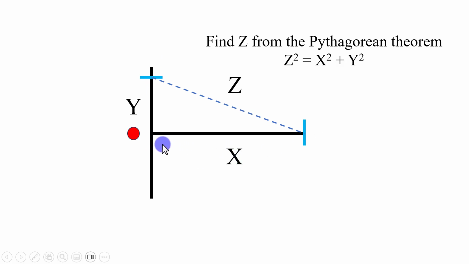Now, X is given to you as the length of the meter stick, which is 100 centimeters, and that won't change. The only thing that you're going to measure and figure out is the distance from the light to those lines, the spectral lines of hydrogen and mercury, so the distance Y. Note that this doesn't start at 0, it starts at 50.